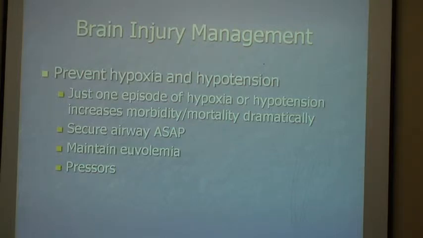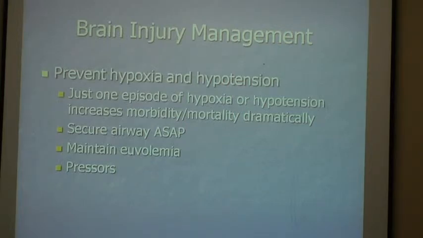So we just want to make sure that we keep them that way. And if we're still having trouble keeping that cerebral perfusion pressure where it needs to be, we may need to use pressors. But again, make sure they're adequately hydrated before we go to that.